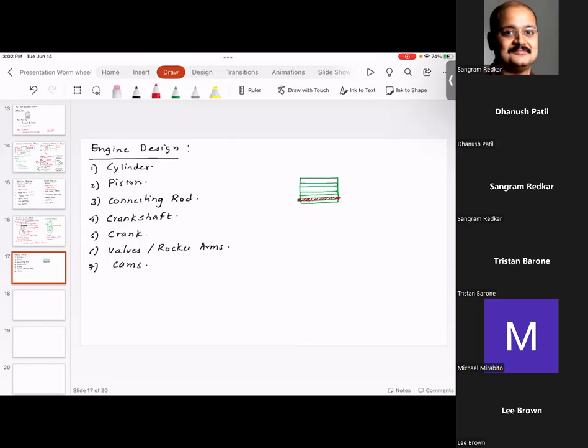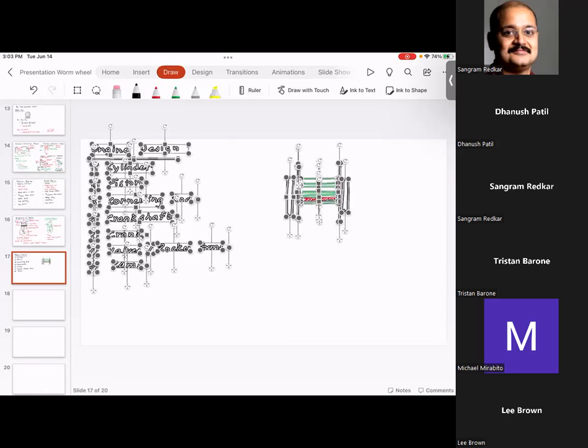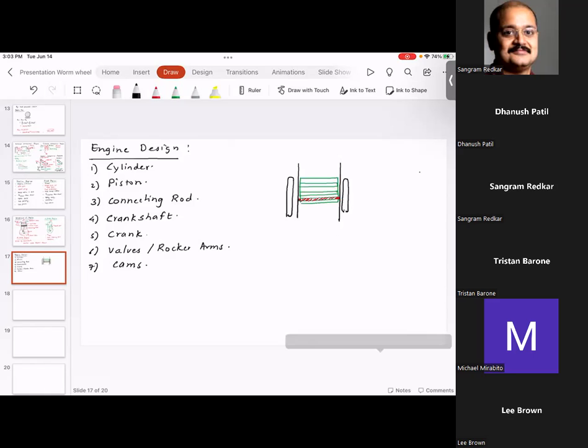Then this is the cylinder. The cylinder will have a water jacket. Because, as you know, during combustion the temperature is extremely high and we need to cool it down. So you have the water jacket surrounding the combustion chamber and the piston, which will take the heat out.